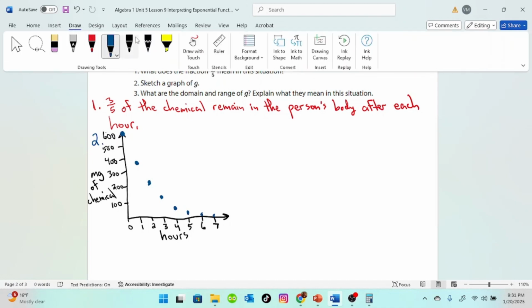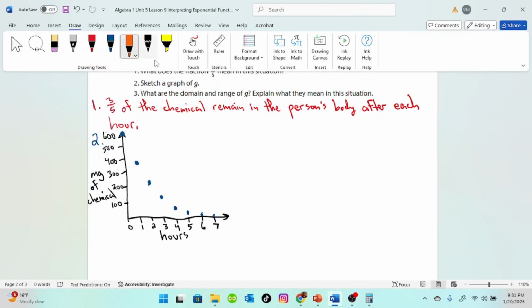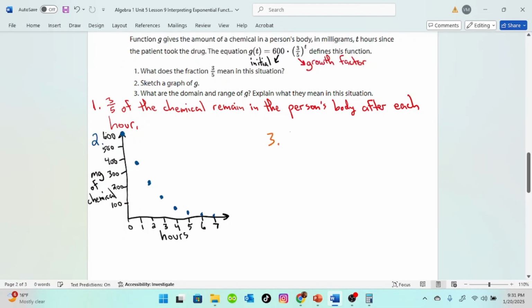So number 3 wants to know what are the domain and range. Well, the domain is all the possible values of x.